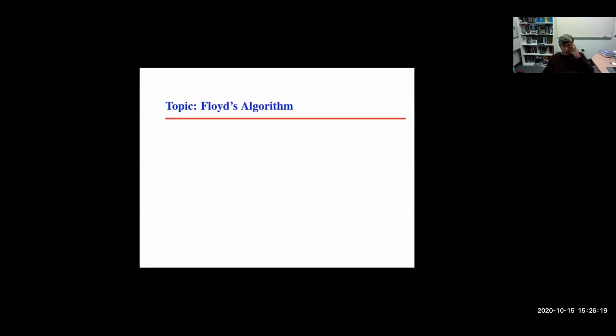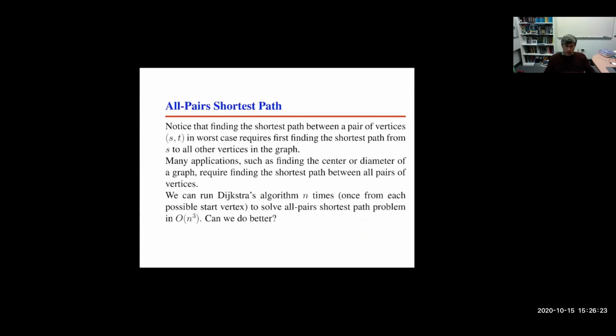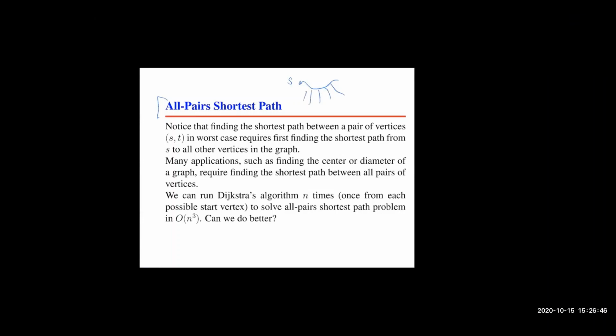I would like to show you another algorithm for finding shortest paths. It's an algorithm that's better at solving a variant of shortest path, which is the all pairs shortest path problem. We saw with Dijkstra, from any vertex S, we found the shortest path to every other vertex.